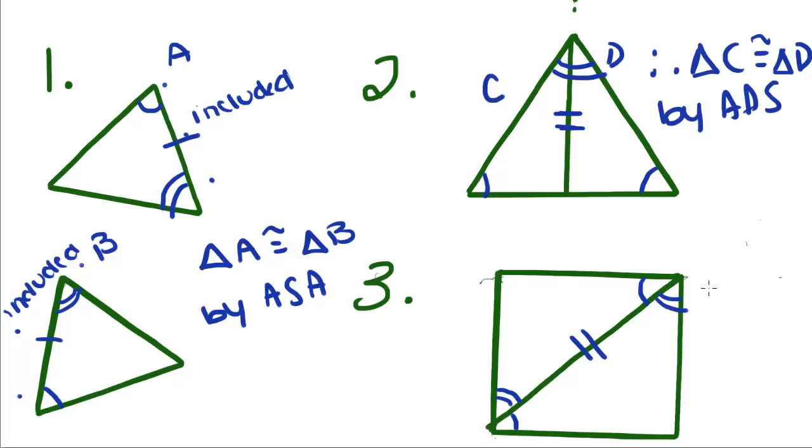So, since this side falls between the two congruent angles, we're going to use angle, side, angle, and we can say that triangle E is congruent to triangle F by angle, side, angle.